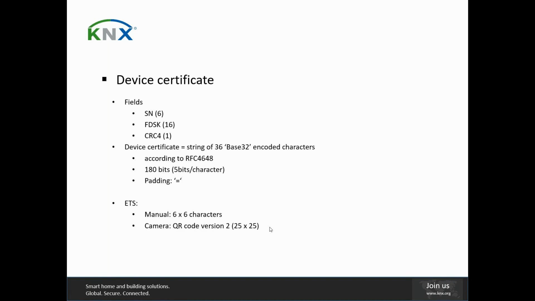And also this is supported by ETS. So if you have a camera, then you can scan and the certificate is then added to the ETS project. Okay, I guess this is clear unless someone, no, apparently not. Nothing in the chat box either.